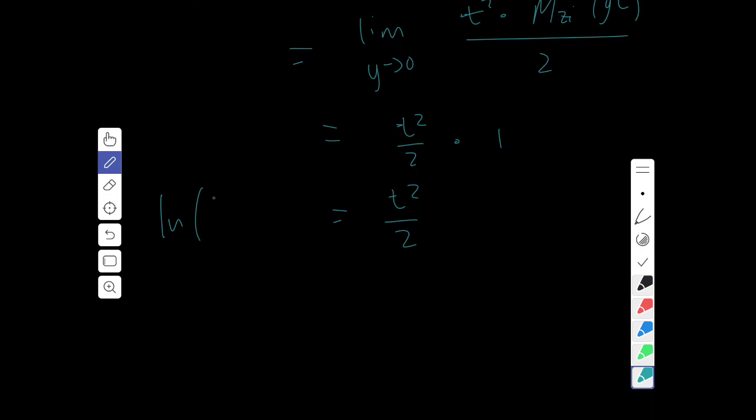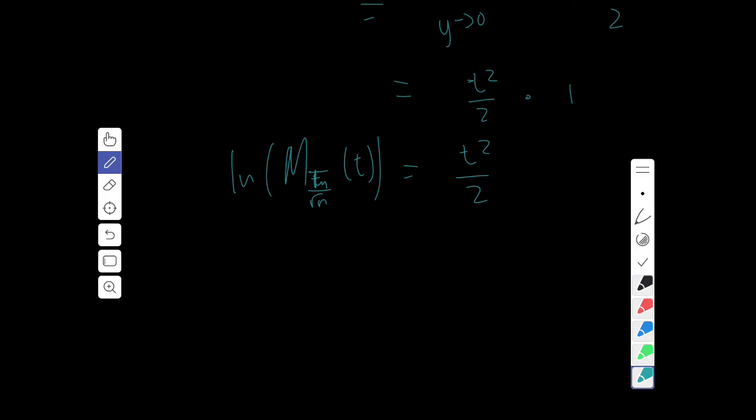So we have the limit of the moment generating function of Tn over root n of t is equal to t squared over 2. Then in order to get rid of the log, we take the exponential. When we take the exponential, we're just left with the moment generating function of Tn over root n of t, and we're left with e to the t squared over 2.